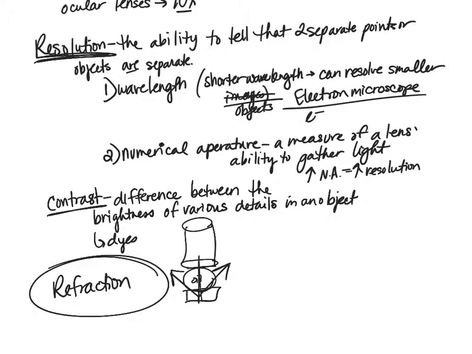And that's important because what we're trying to do is have really good resolution. If we start to lose that due to refraction, if we start to lose the image because it's going off to the side because of our different refractive indices, then we're going to be losing some of that resolution.